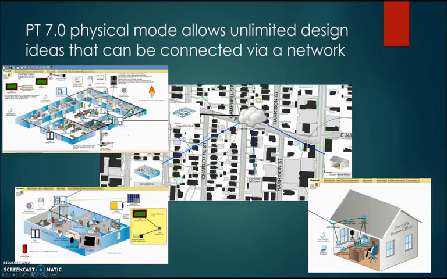So with Packet Tracer 7 and what enhancements have been made to physical mode, it allows you to create some multiple complex containers. In this case, this is a smart health room, and so what we have here is the city right here.